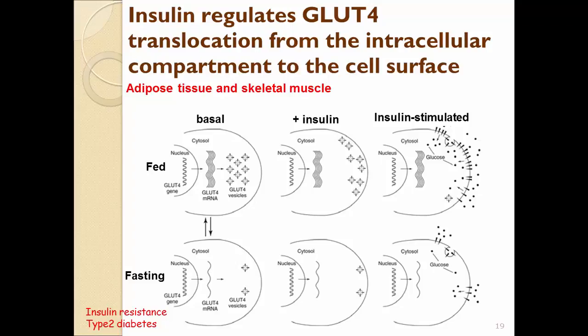So even though an insulin-resistant patient has higher insulin levels compared to a normal patient, this insulin does not function well, right? It is not able to stimulate GLUT4 translocation to the cell surface. This is a very important reason why insulin-resistant or type 2 diabetic patients have lower glucose uptake by muscle and adipose tissue, so the patient has higher levels of circulating glucose, right?